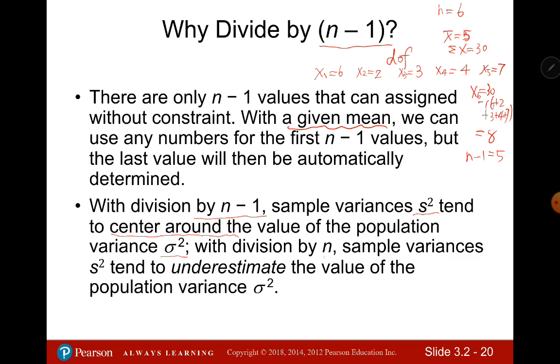But if we pick n, then it's not centered around sigma squared. It will be an underestimate, smaller than the true value. So we need to use n minus 1. The first reason is degrees of freedom. The second reason is we do not want to underestimate. If we pick n minus 1, variance will be an unbiased estimate.